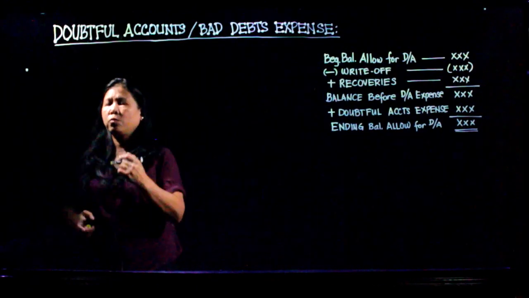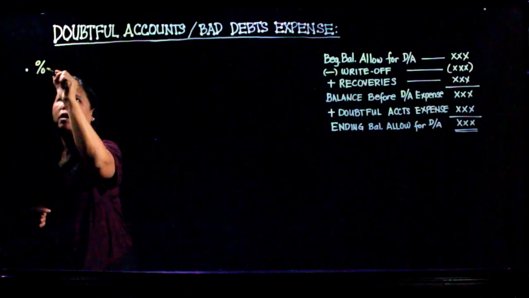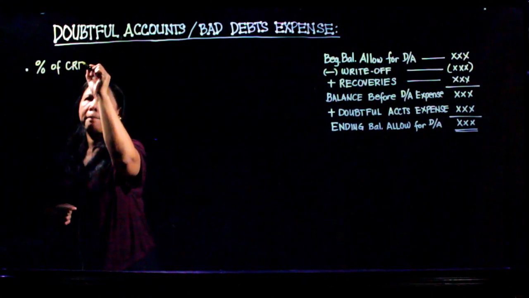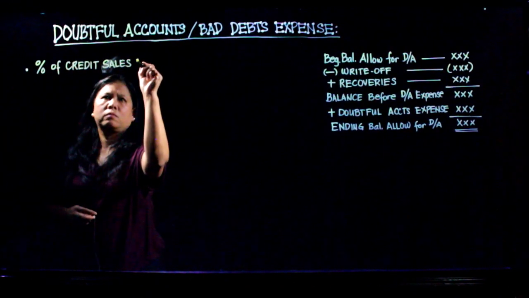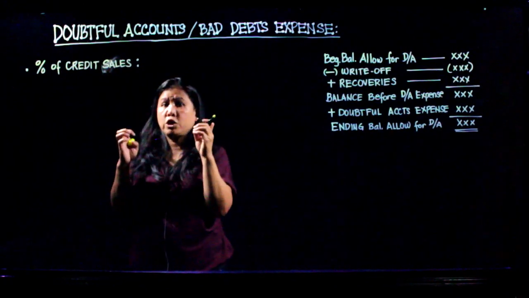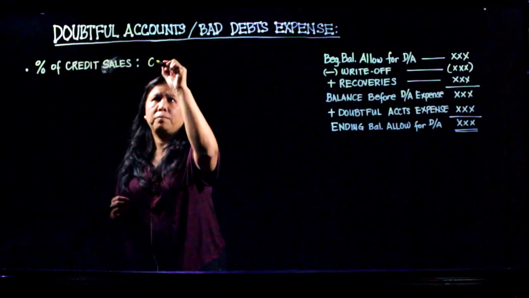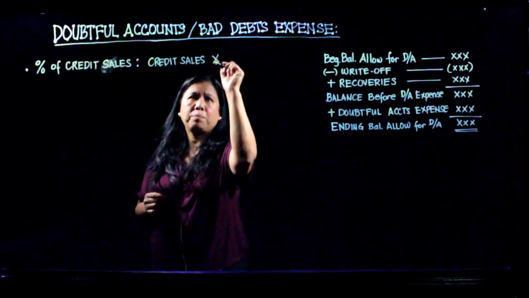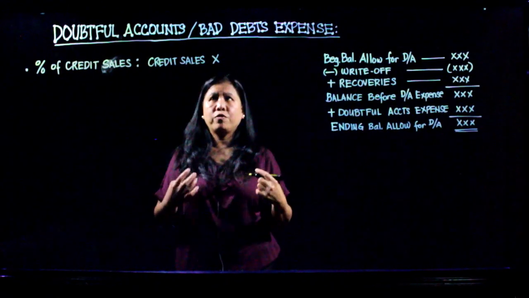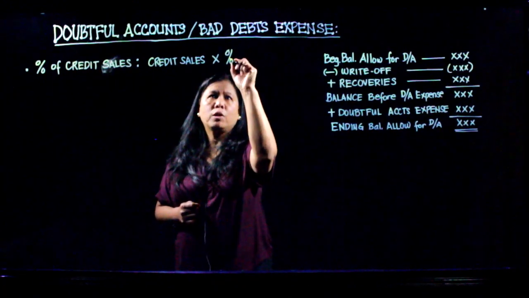The first method, which is the income statement approach, is the percentage of credit sales. Using this percentage of credit sales, we take our credit sales multiplied by whatever percentage the company provides for their doubtful accounts expense.